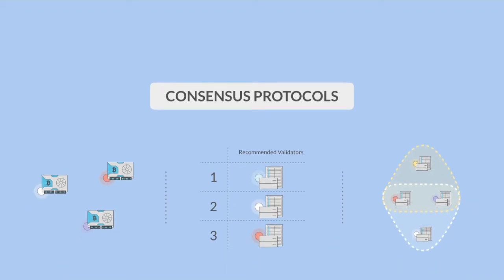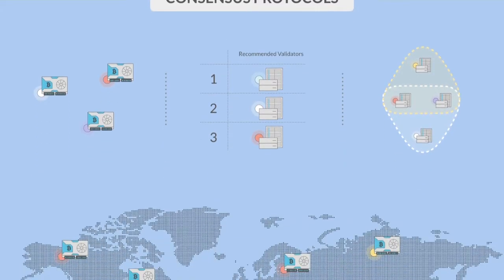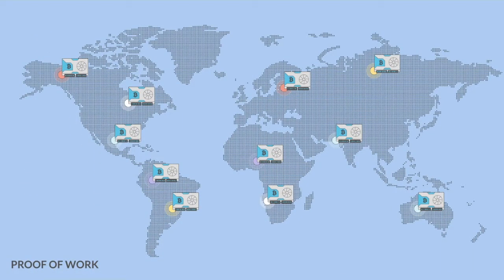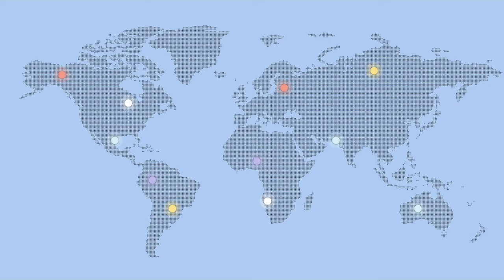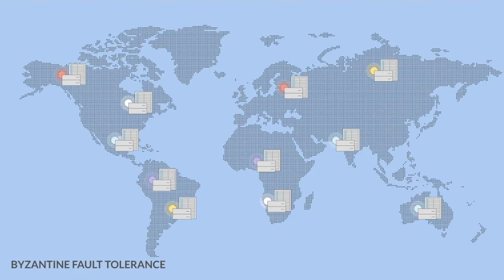There are several protocols for achieving consensus in a network. Bitcoin and Ethereum currently use proof of work to achieve consensus, a protocol where nodes on the network compete with computing power to solve cryptographic puzzles and reach consensus. Many other protocols in the distributed ledger space have implemented some form of Byzantine fault tolerance, or BFT.